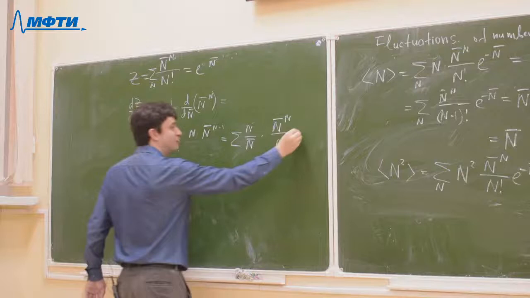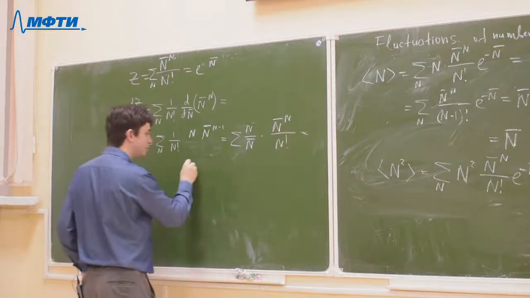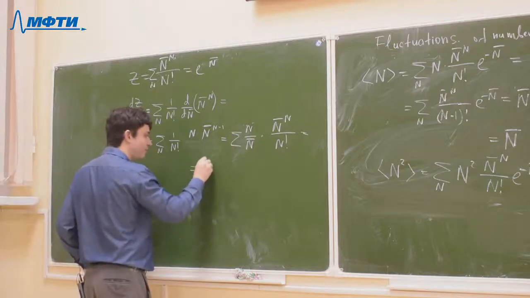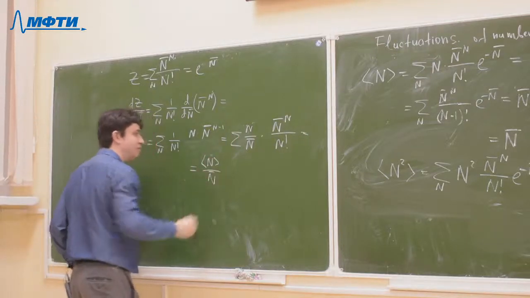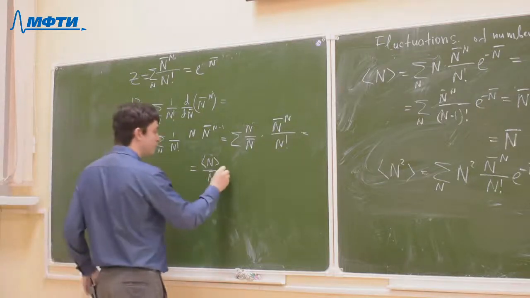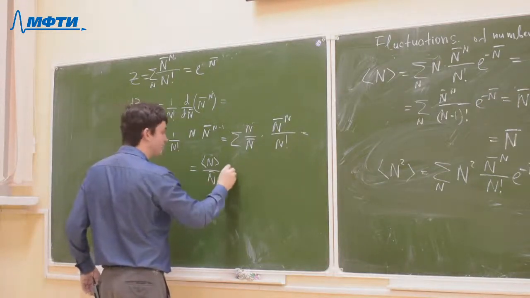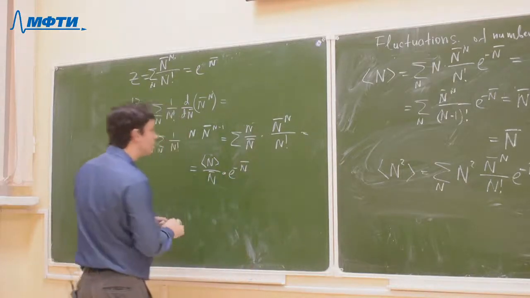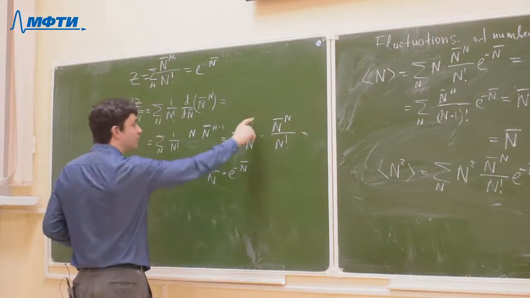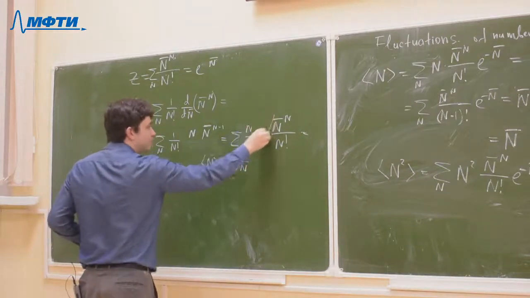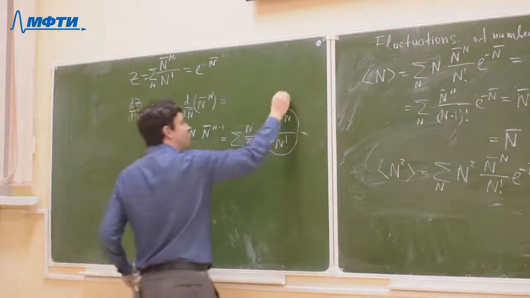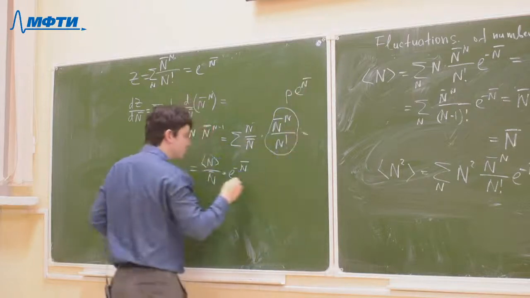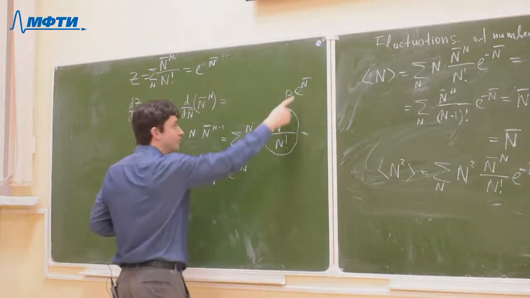As you see, this should be the average of n over n average multiplied by e to the power minus n average. Because this is a probability multiplied by the exponent.